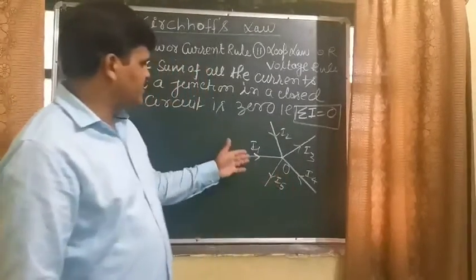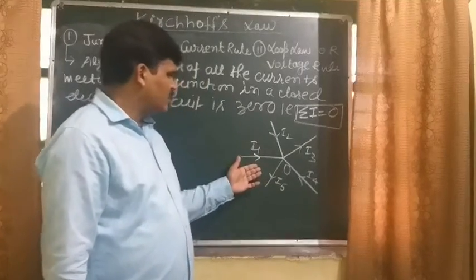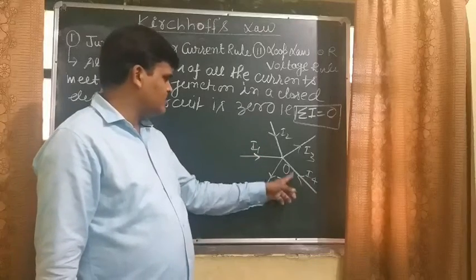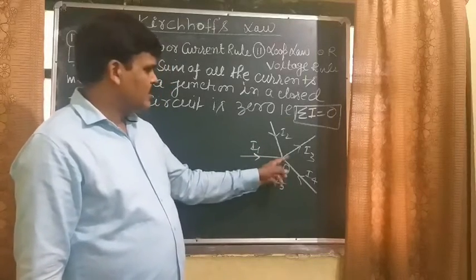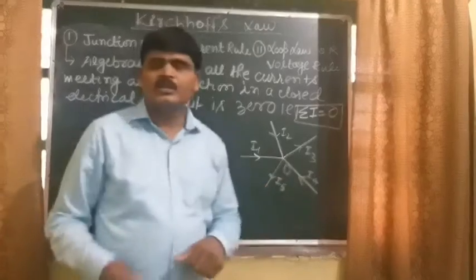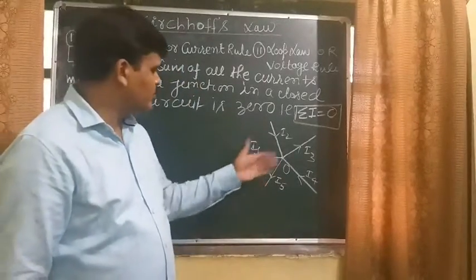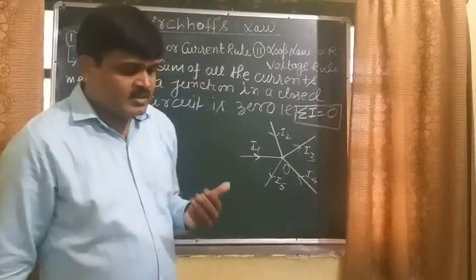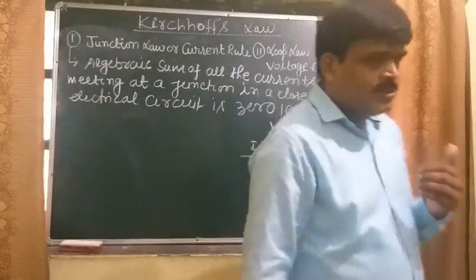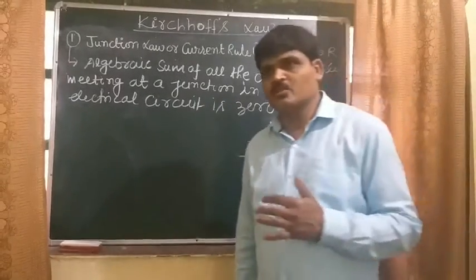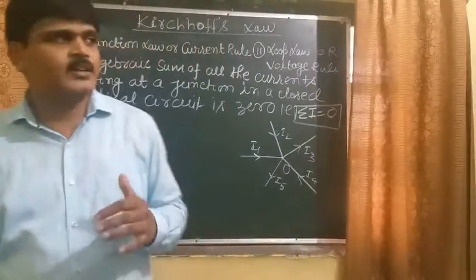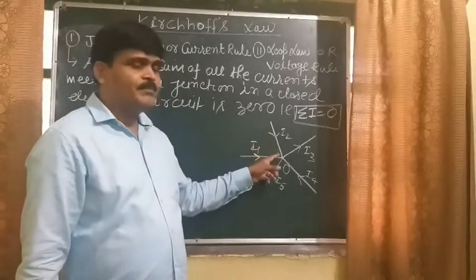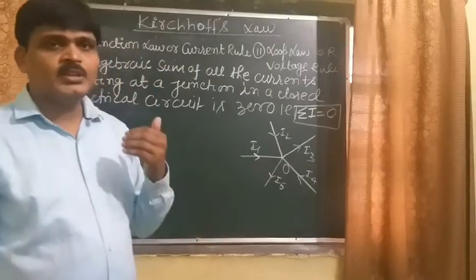But student, you see here in this diagram, what is the direction of the current? I1, I2 and I4 are going toward the junction. And I3 and I5 are moving away from the junction. So to apply junction law in any electrical circuit, we use two sign convention rules. The first sign convention rule is that those currents whose direction is toward the junction are taken to be positive.